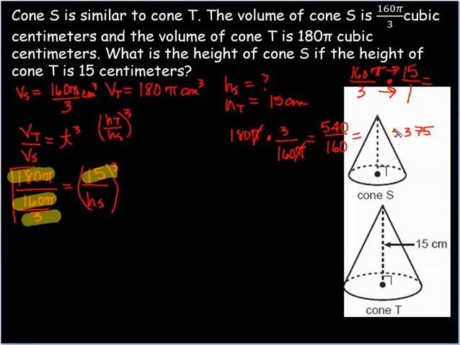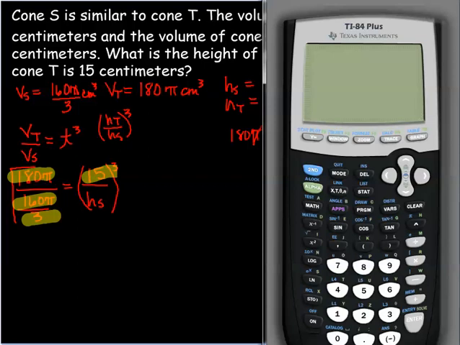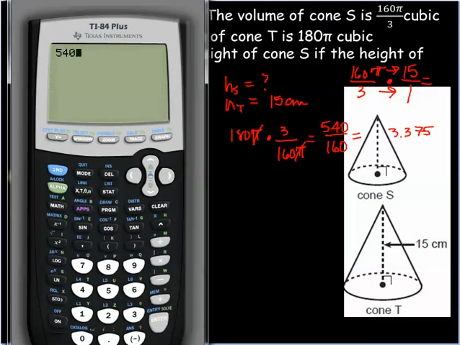Well, when I divide 540 by 160, I get 3.375. However, I want that in fraction form. And in order to get that in a fraction, I can use my handy dandy calculator. Now watch this. Let me clear this. Let me move my calculator over so you can see what I'm doing. I put in 540 divided by 160, which gives me that.